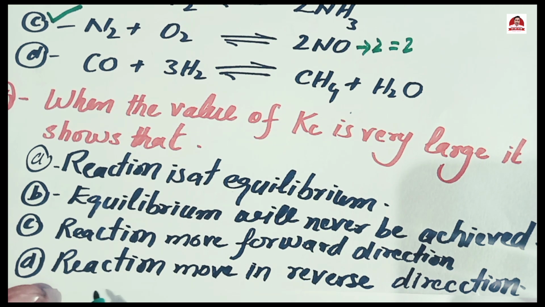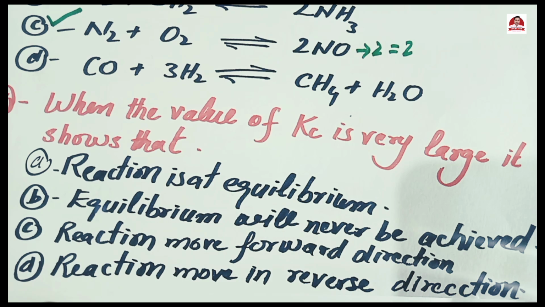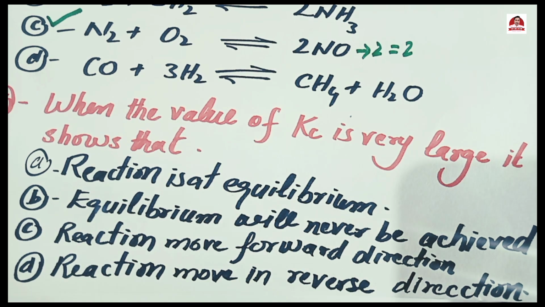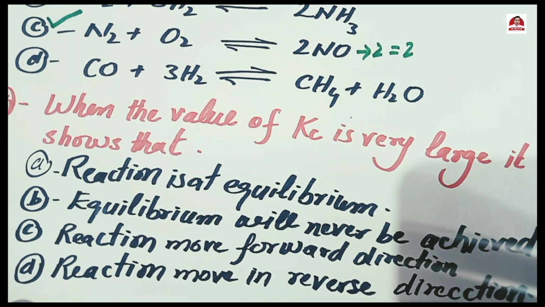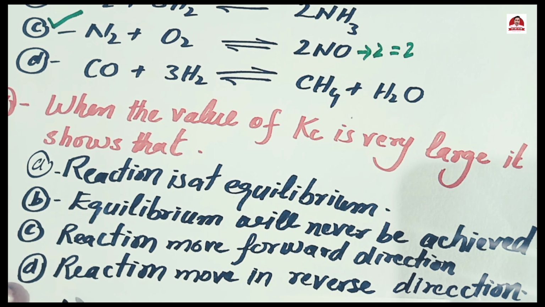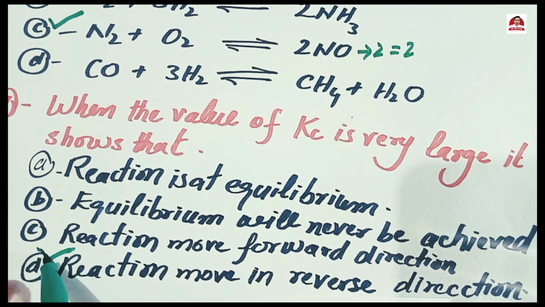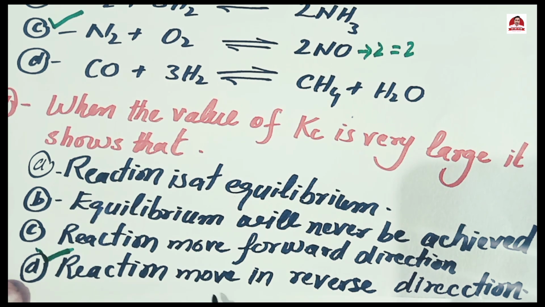And option D, reaction moves in the reverse direction. So when the value of Kc is very large, the reaction moves in the reverse direction.